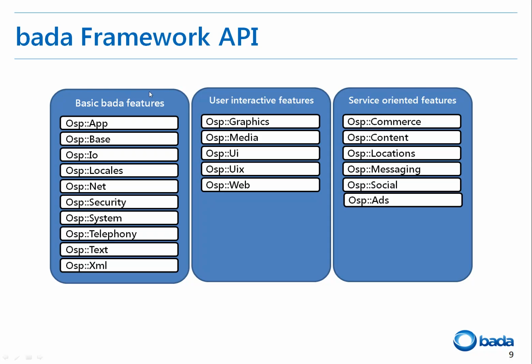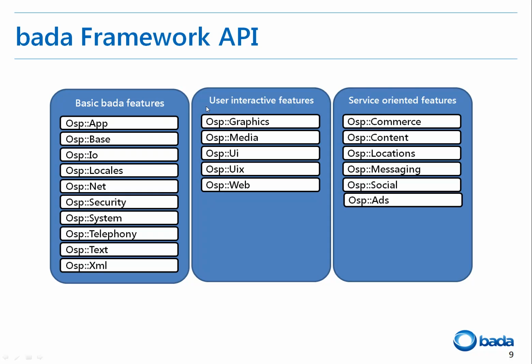The basic bada features include the OSP app, OSP base, OSP IO, OSP locales, OSP net, OSP security, OSP system, OSP telephony, OSP text, and OSP XML namespaces.